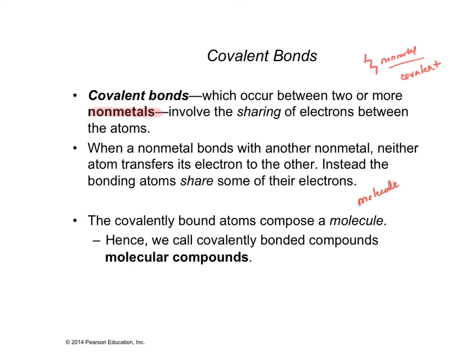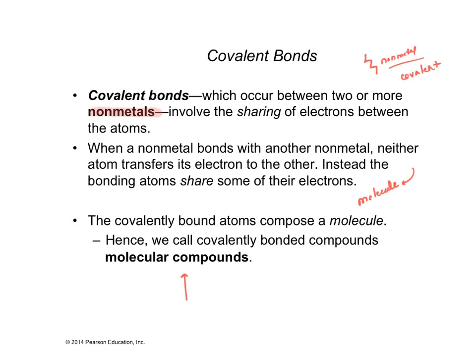So if you have something that is a covalently bound collection of atoms, we call this a molecule. And because of that, anything that has a covalent bond tends to be called a molecular compound because they form molecules, as opposed to ionic compounds, which result between a nonmetal and a metal.